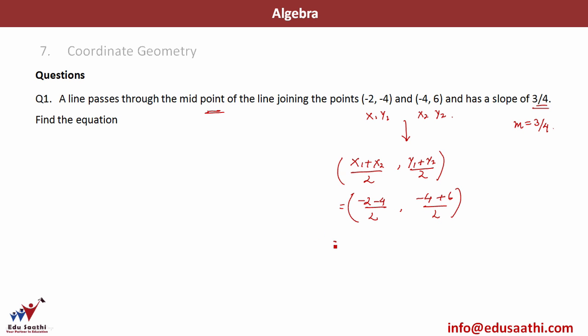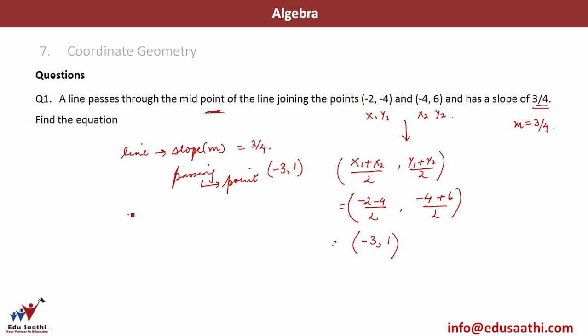This will be minus 6 by 2 which will be minus 3, and this will be plus 2 by 2 which will be 1. So the line has a slope m as 3 by 4 and is passing through the point (minus 3, 1).